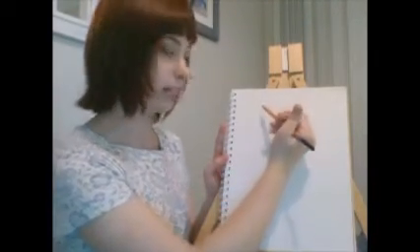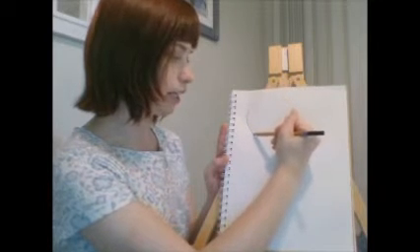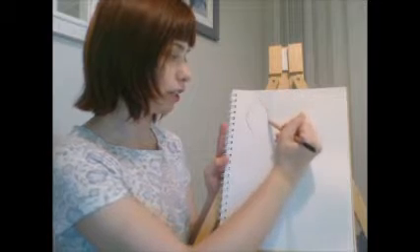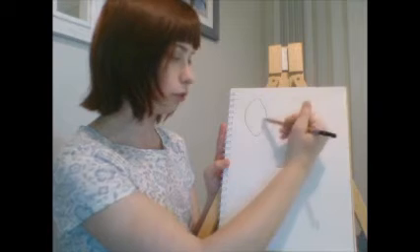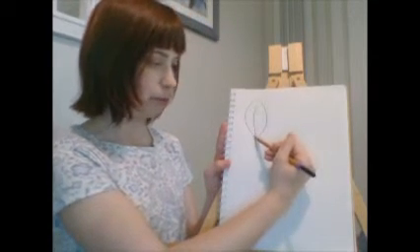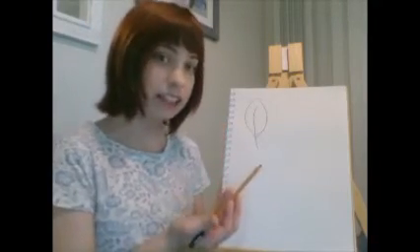One example of an organic shape that you would probably recognize: if I draw a curved line like this and connect it so that it creates a long oval shape, and then I do a line going down the center and a little bit past the shape, a lot of people will recognize that as a leaf.